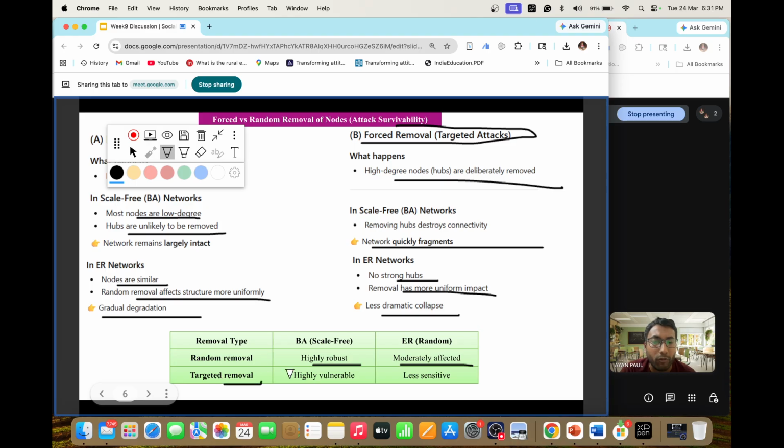But in targeted removal, it is highly vulnerable in the case of BA and less sensitive in the case of ER. Okay, so this is the summary when we randomly or deliberately remove nodes in the BA model and the ER model.